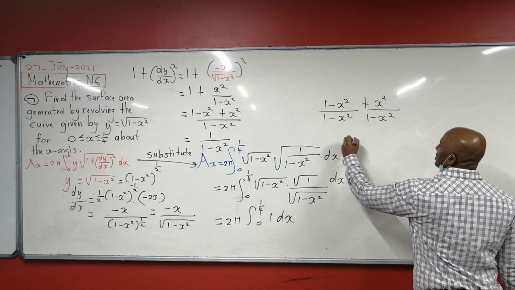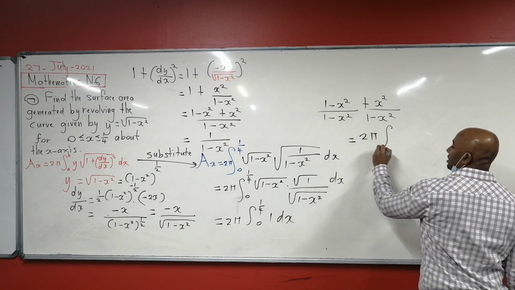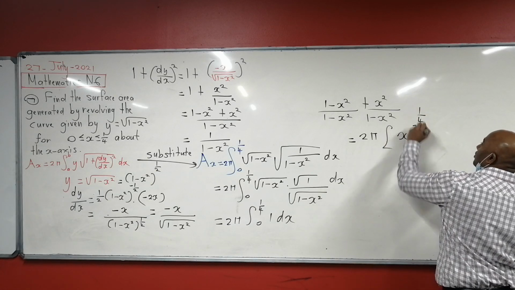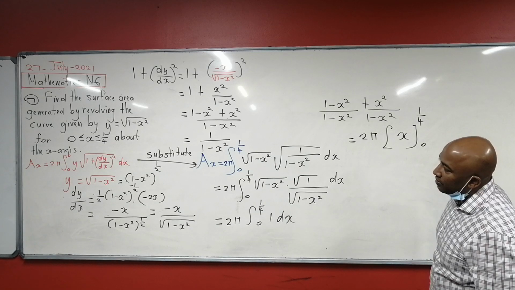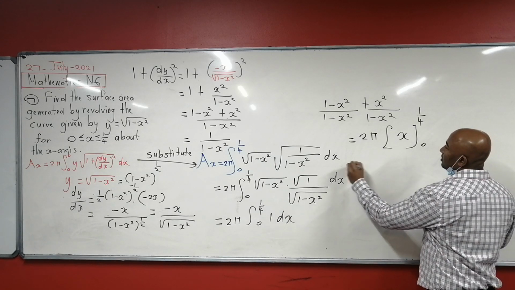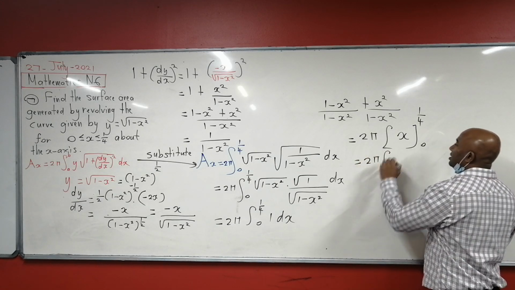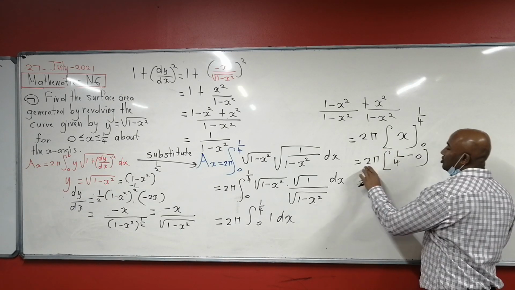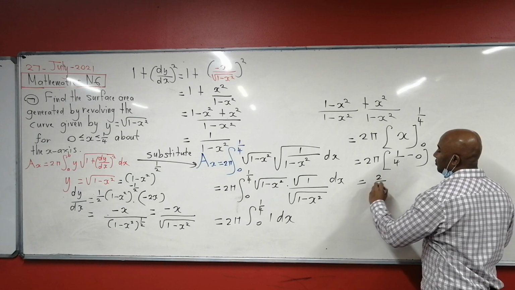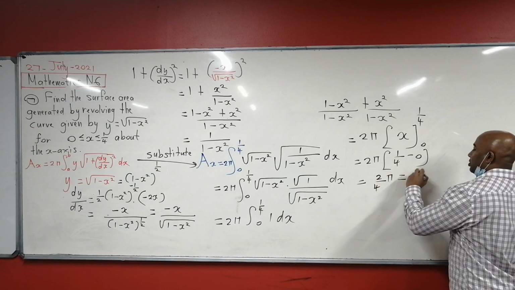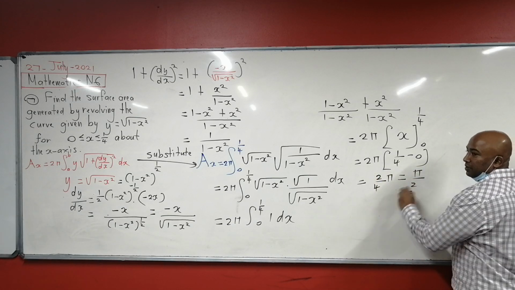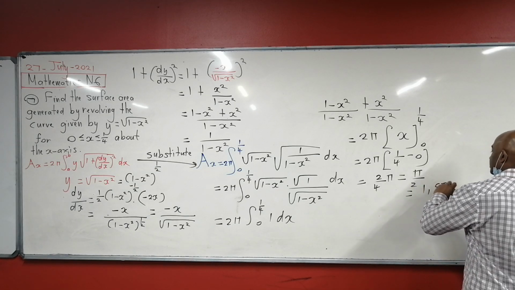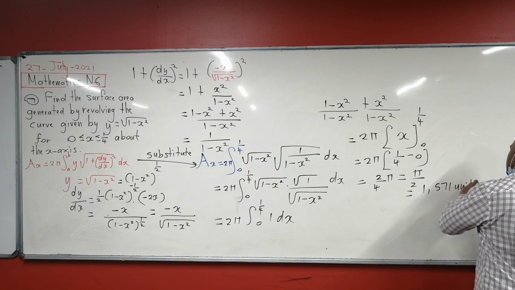So this is equal to 2 pi, integrate 1, that's x, substituting 1 over 4 and 0. That's all. So I got 2 pi, basically I'm going 1 over 4 minus 0, 2 pi, that's 2 over 4 pi, which is equal to pi over 2, which is equal to 1.71 units squared.